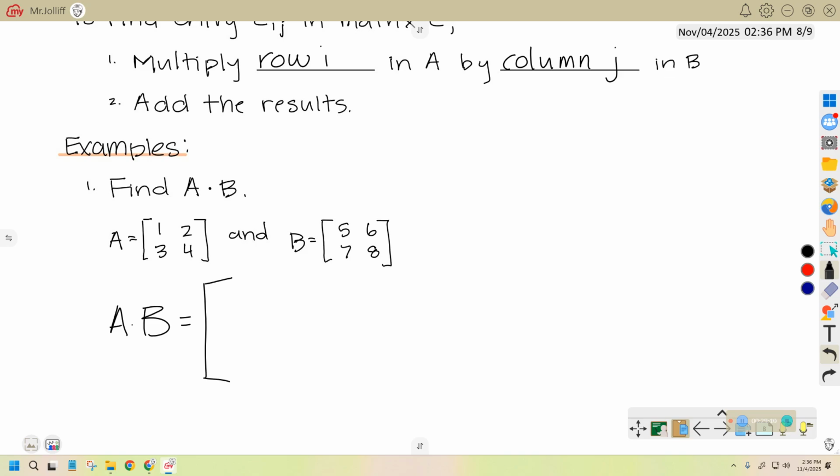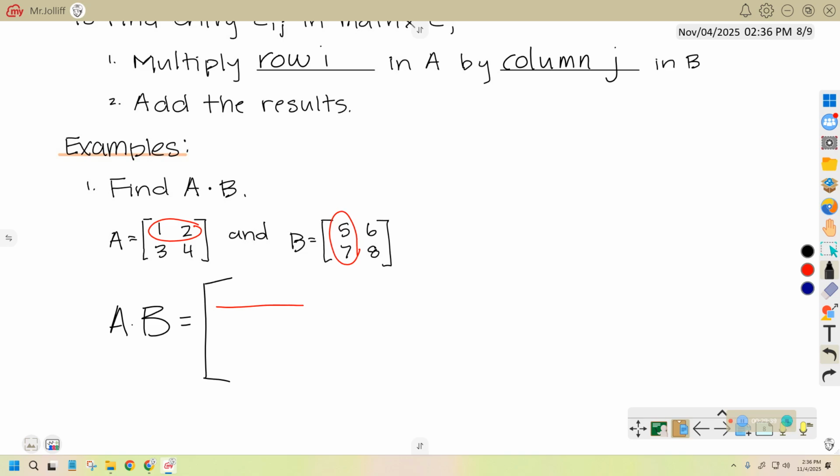The first entry, row 1, column 1, is row 1 of the first times column 1 of the second. This and this will give me this answer here. And I am multiplying entries that are in the same location, first and first, and then I'm adding those strings of multiplications together.